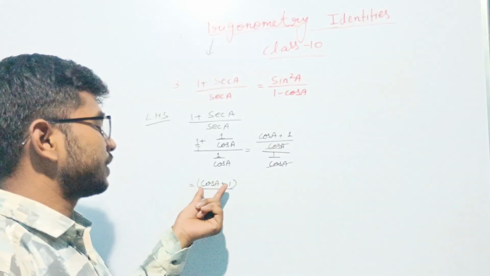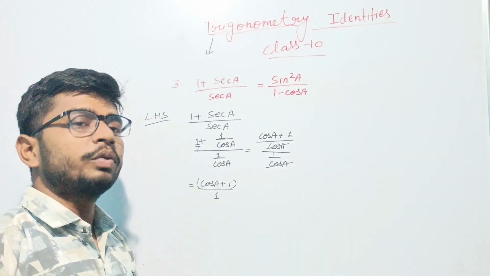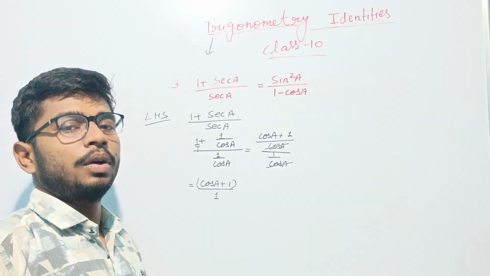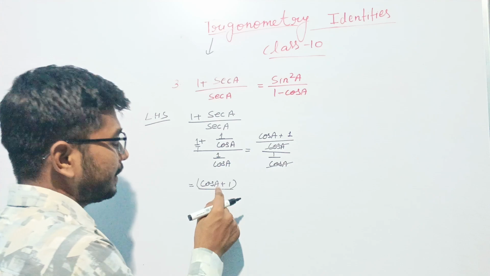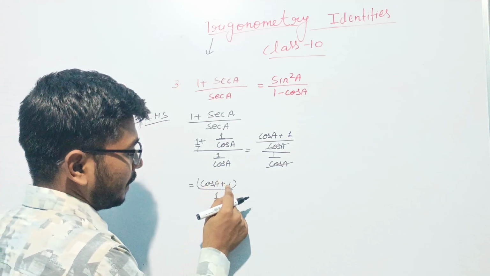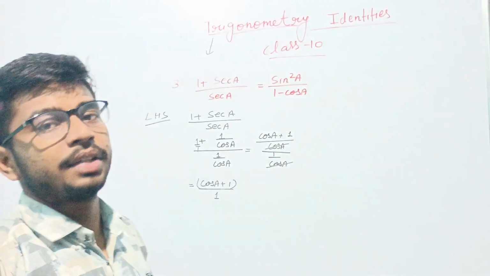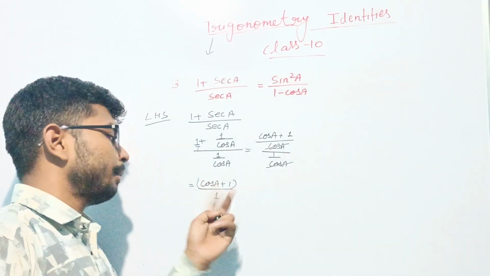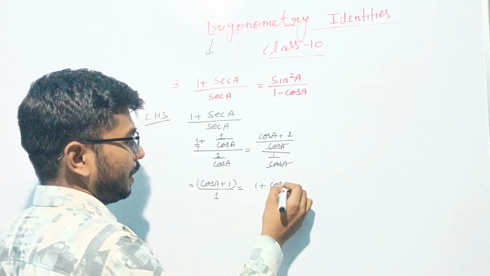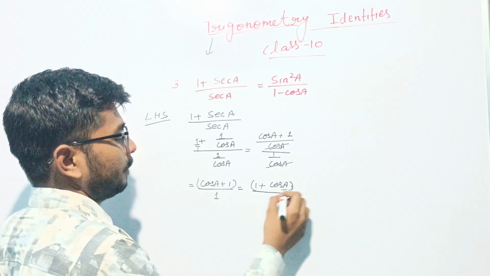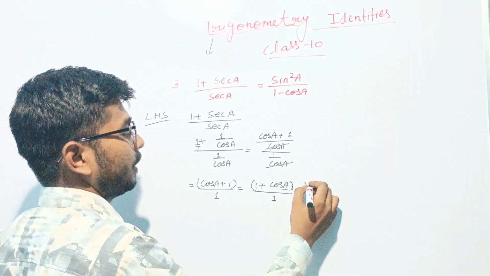See carefully. We have cos a plus 1, so we can multiply by the conjugate of this term. But in the numerator there is sin square a, so sin square a we can change to 1 minus cos square a. Now we can multiply by 1 minus cos a.